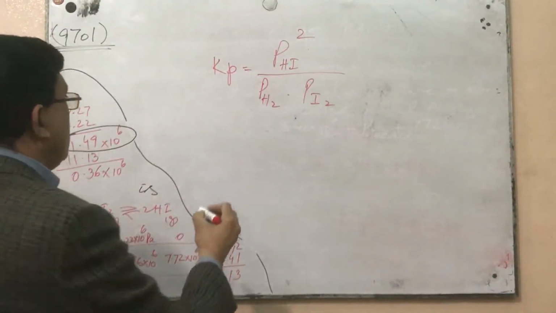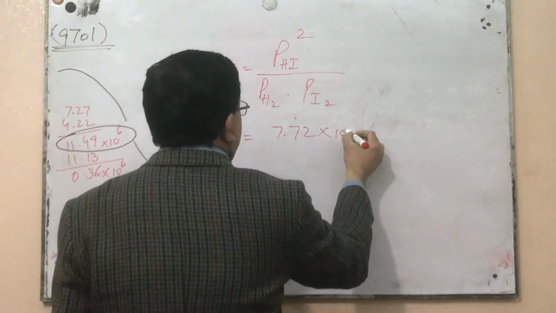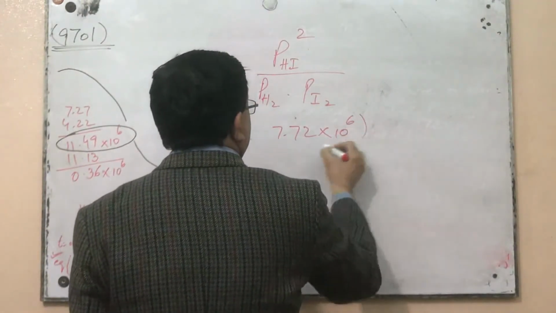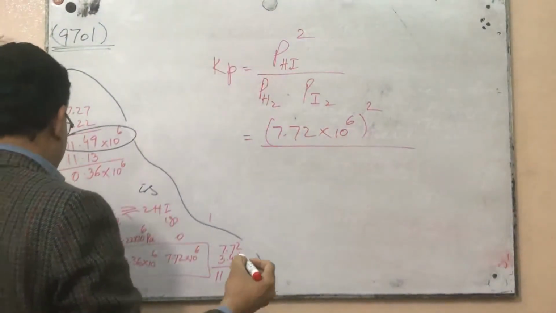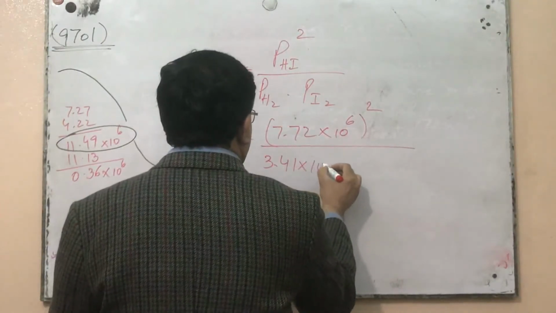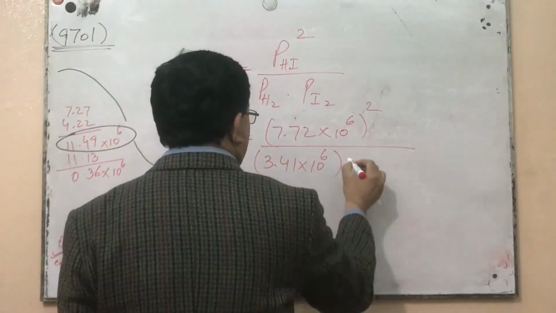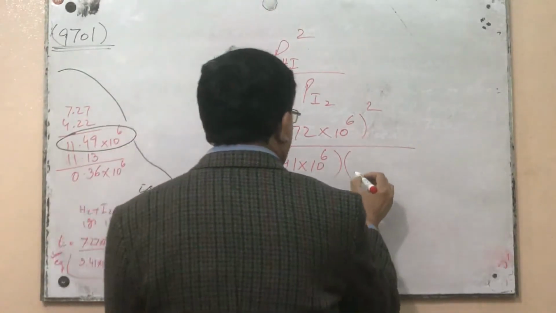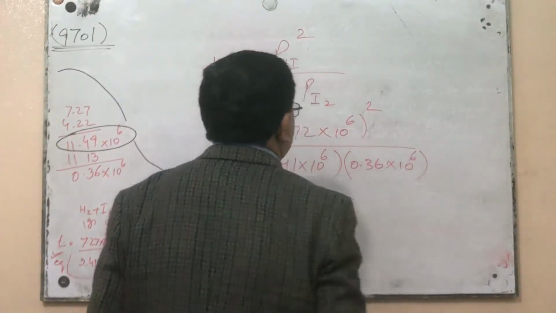Now, we will put the equilibrium values here, 7.72 into 10 to the power 6 square divided by the value 3.41 into 10 to the power 6 multiplied by 0.36 into 10 to the power 6.